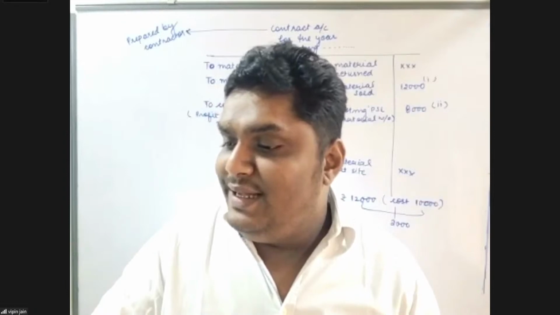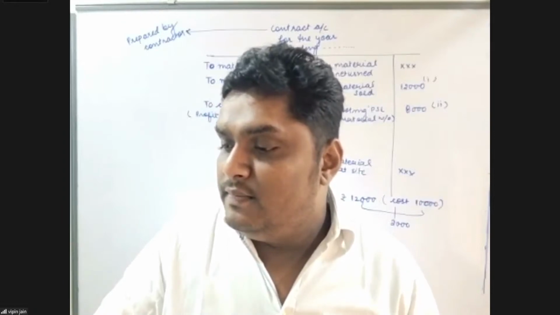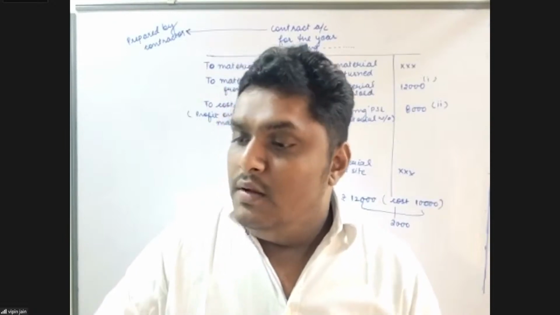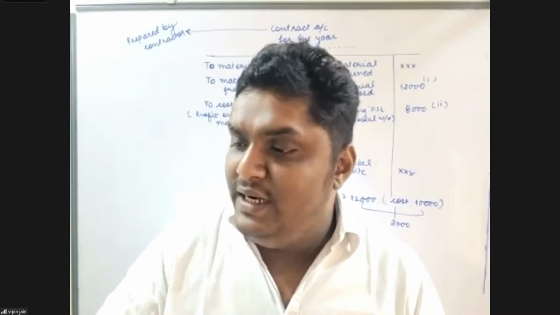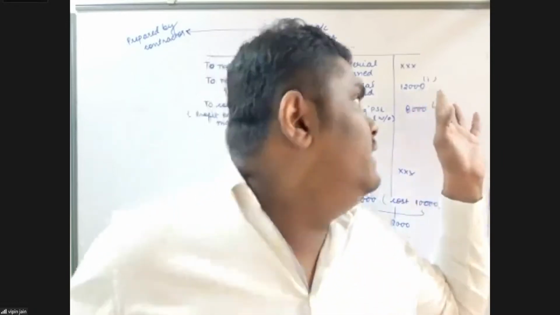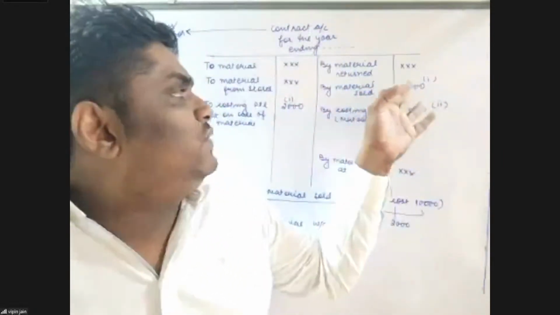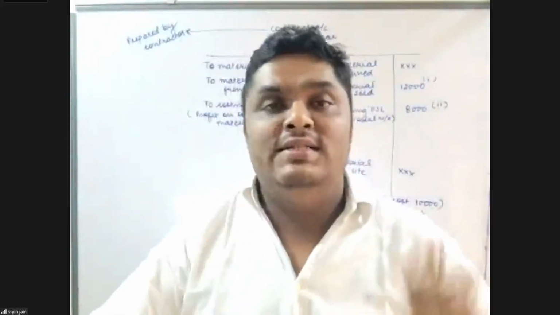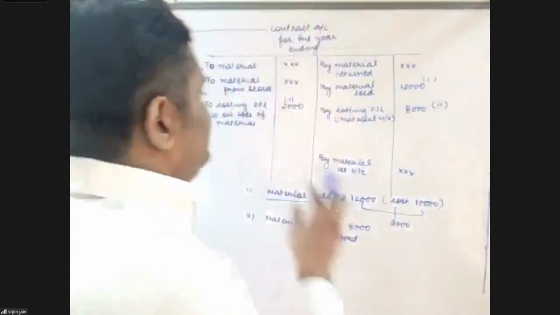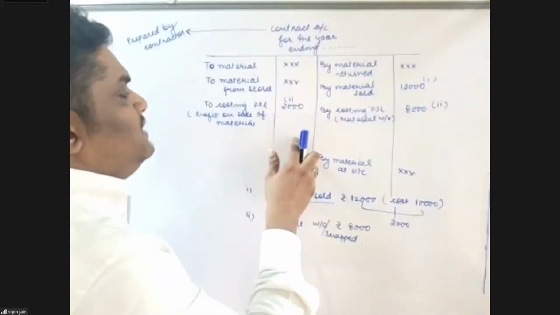The debit side and the credit side. Mr. Nemish, yes, you have to present it in this way, wherein 12,000 is to be transferred by material sold and 2,000, the profit that does not belong to this contract, is to be transferred to costing P&L separately.